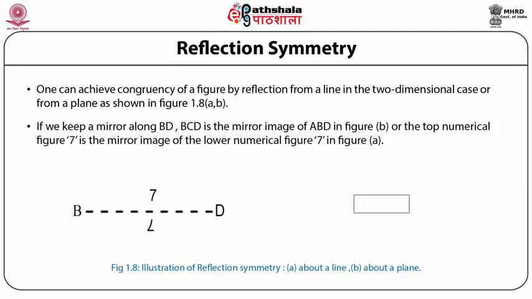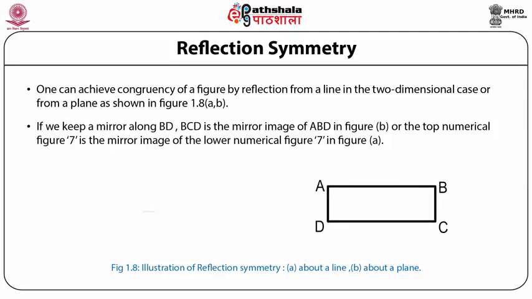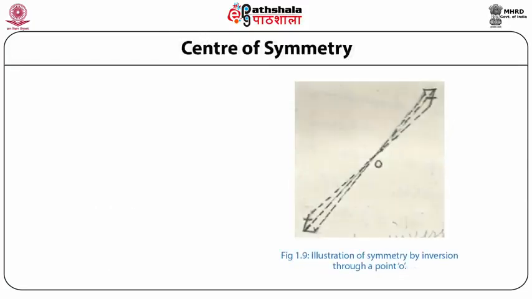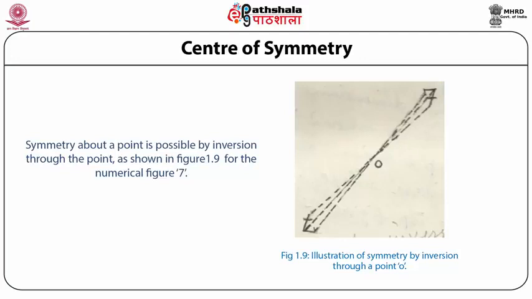If we keep a mirror along BD, BCD is the mirror image of ABD in figure B, or the top numerical figure 7 is the mirror image of the lower numerical figure 7 in figure A. Figure 1.9 is the illustration of symmetry by inversion through a point O. As one can see, symmetry about a point is possible by inversion through the point, as is shown in this particular figure 1.9 for the numerical figure 7.